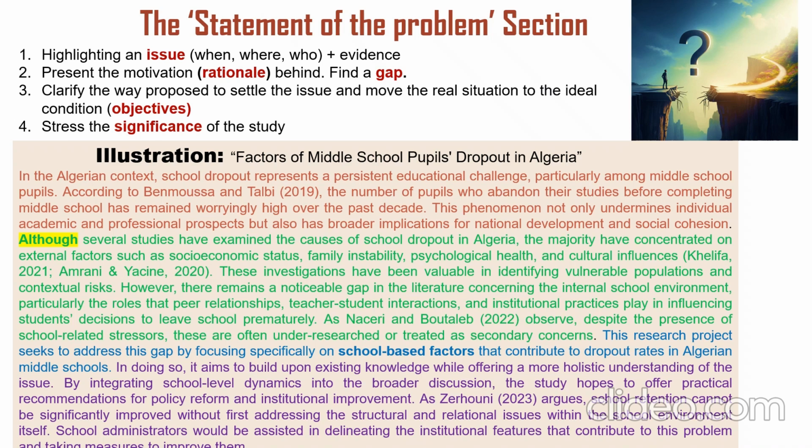So this is new. This was not covered by previous studies, according to the writer, particularly the roles that peer relationships, teacher-student interactions, and institutional practices play in influencing students' decisions to leave school prematurely.